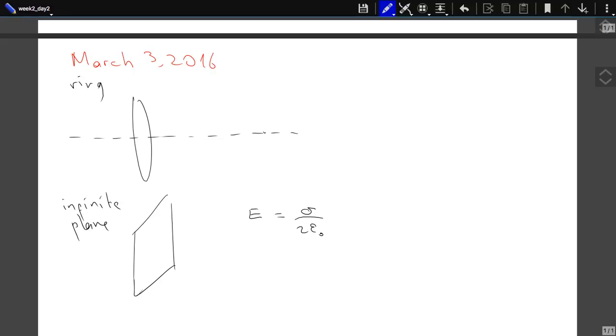So if from the charge I consider the x hat vector, this is true if the observation point is on the left, in the positive x direction. This is true if the observation point is on the left of minus q. Otherwise, I should put some minus x's over there.